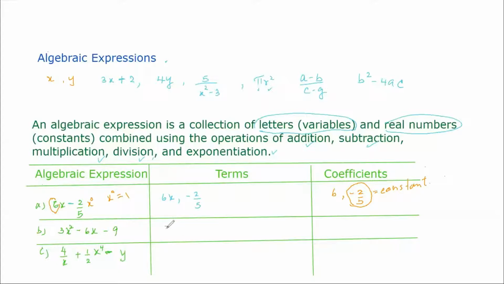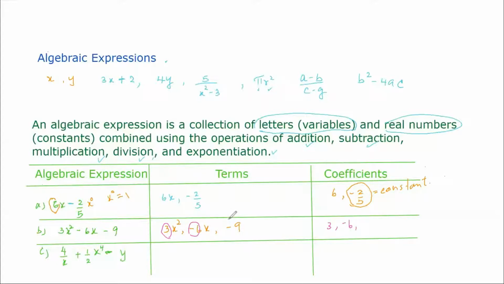The first term is 3x squared, the second term is negative 6x, and the third term is negative 9. Coefficients: the coefficient of x squared is 3, so you write 3, and the coefficient of x, the unknown x, is negative 6, so you write down negative 6.